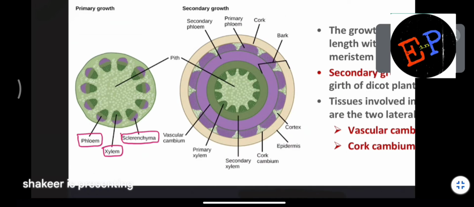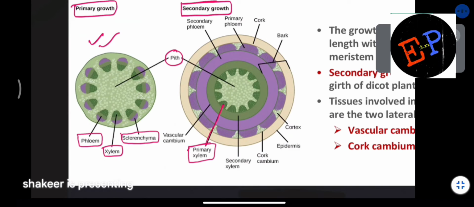So this one belongs to primary growth, and this one belongs to secondary growth. Pith is common for both primary and secondary growth. Then this one you can call primary xylem, and surrounding the primary xylem, the secondary xylem is present.